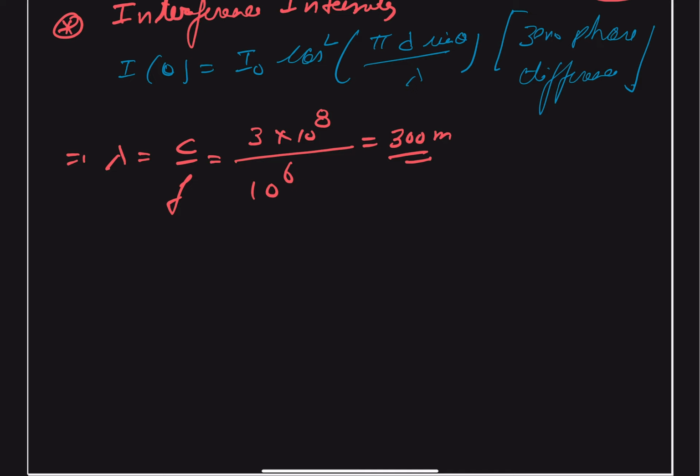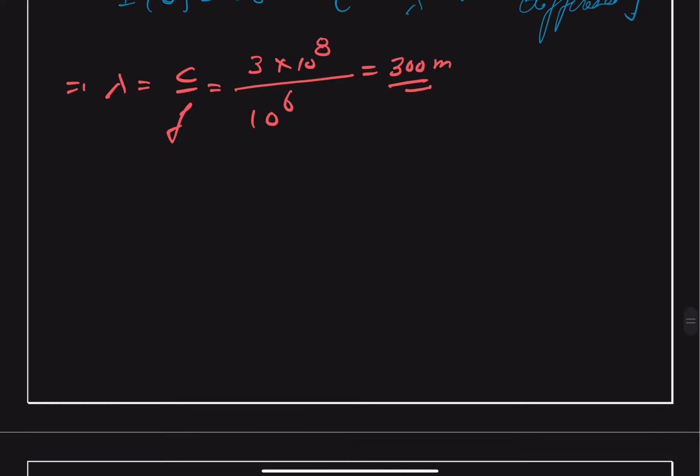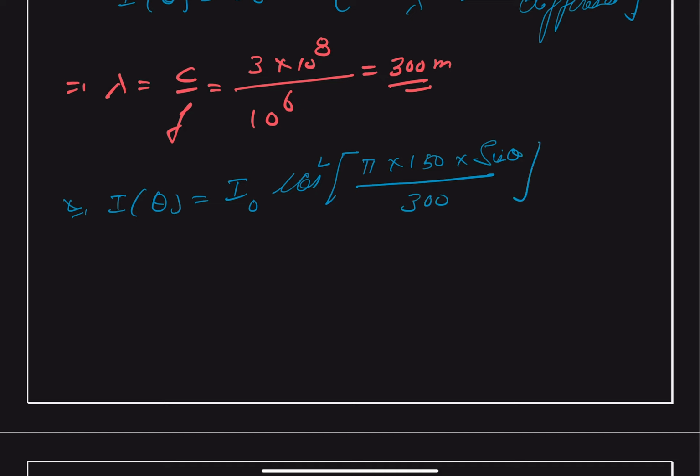So we can substitute, we get I of theta is equal to I naught cos square of pi multiplied by 150 sine of theta, divided by 300.